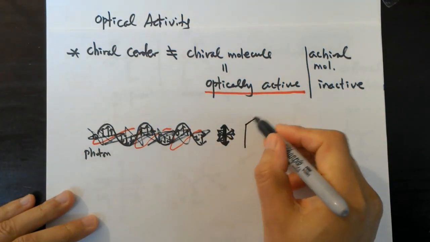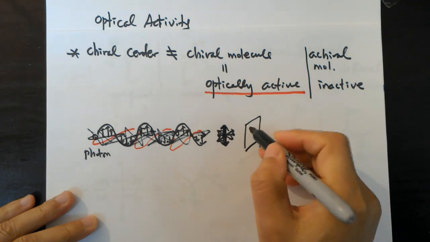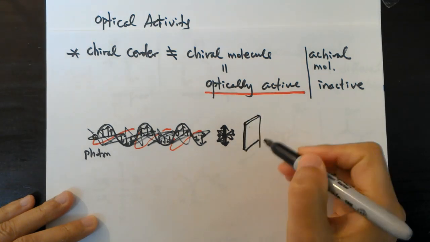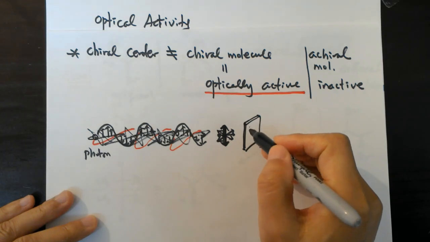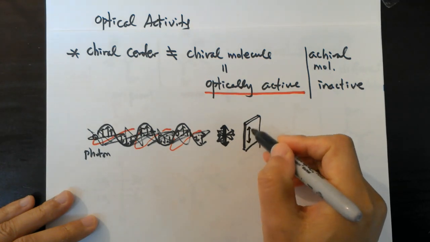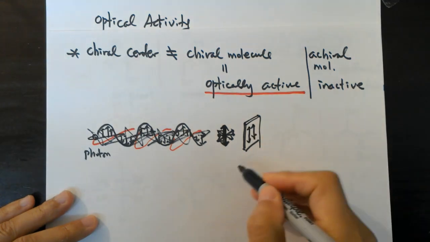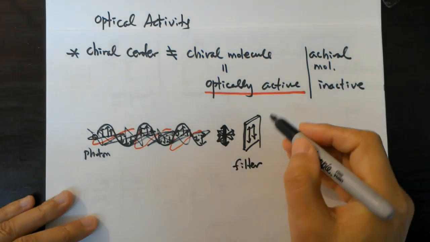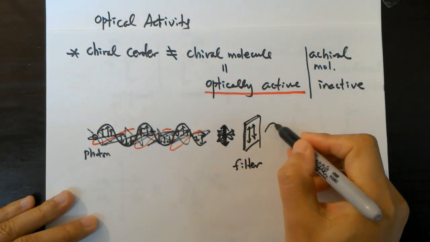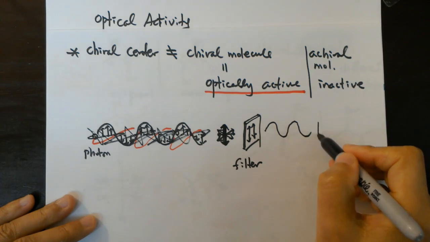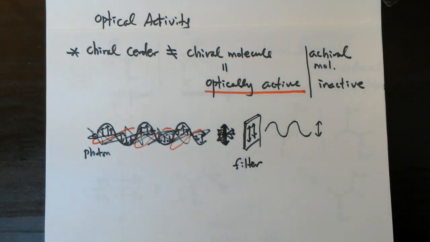But we can filter off all other directions but one. Say this is a special material that filters off the other electric field directions, leaving only this direction. Then after passing through the filter, you only have one direction of oscillation. That wave comes out.